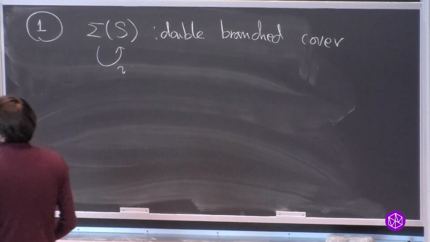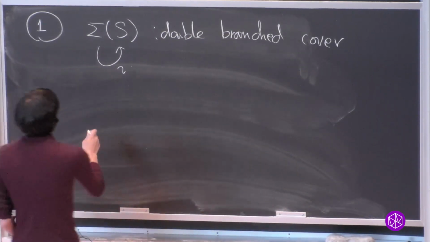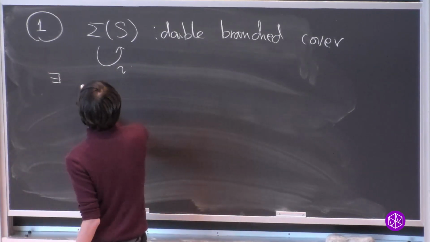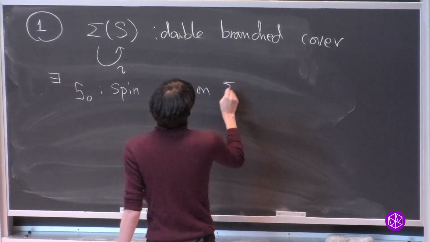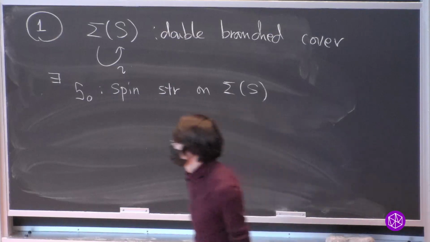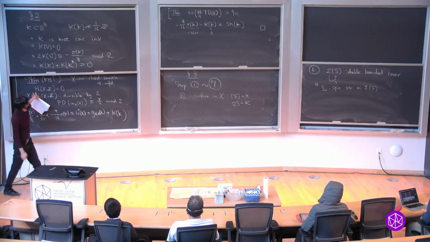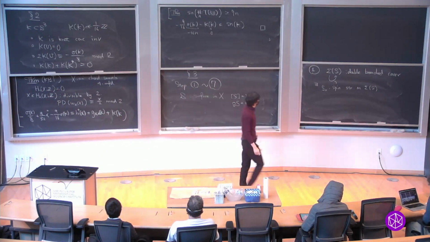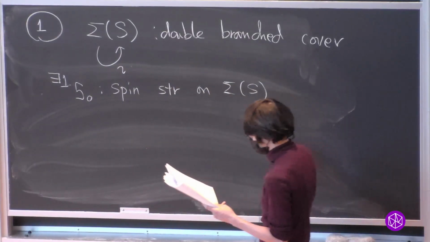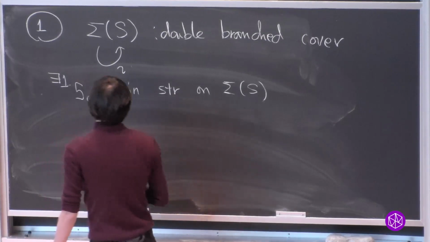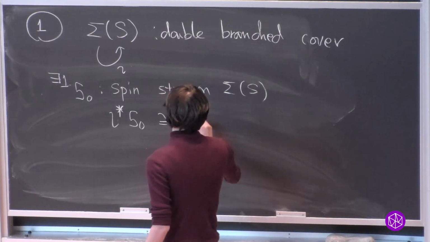And by the second Stiefel-Whitney class condition, we know that this is spin, so that implies there is a spin structure on this manifold. And by this strong condition we assume, the first homology of x is 0, there is a unique spin structure on this four manifold. And since the spin structure is unique, the pullback by iota is isomorphic to the original spin structure.